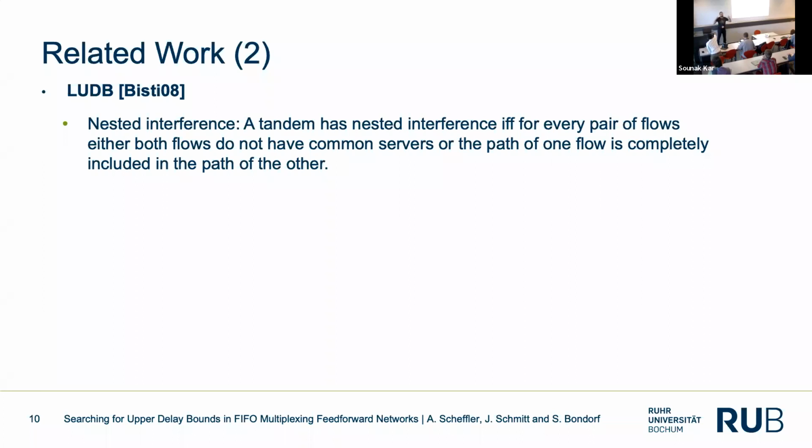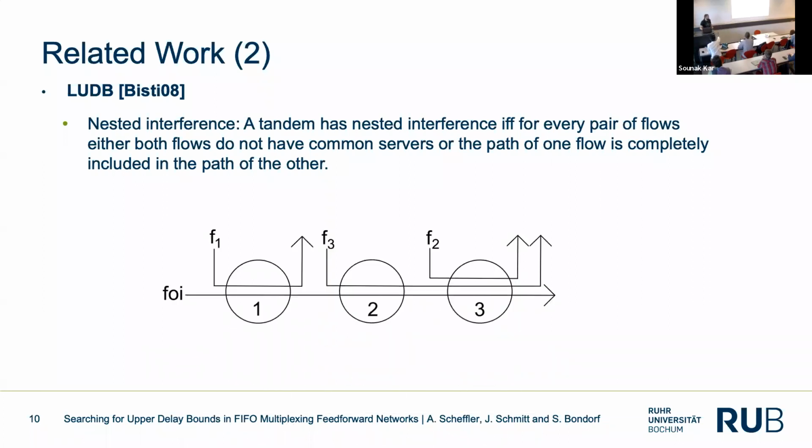They're looking at nested interference. Nested interference simply means we want to convolve before we subtract. In this tandem here, which is a nested tandem, what we see on the right side, this flow is called nested, F2 in F3, because its path is a subset of the path of F3.